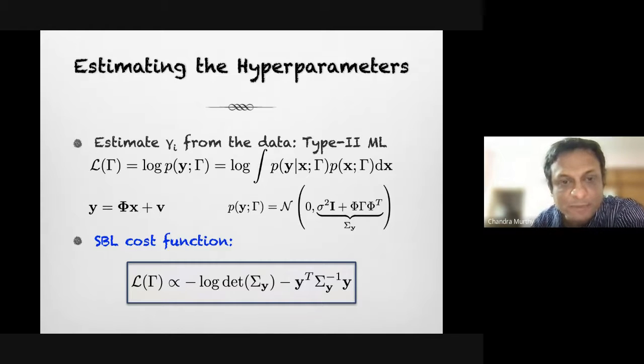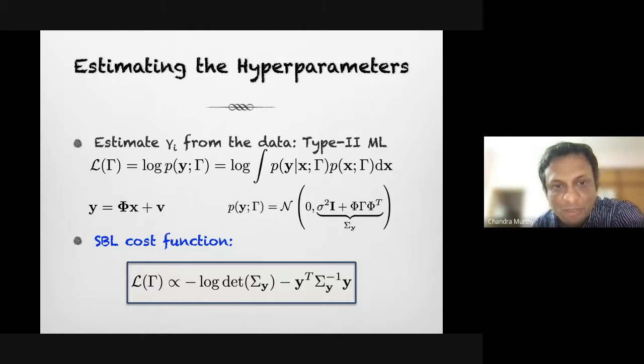Okay, so the distribution of y is Gaussian with mean phi times x and covariance sigma squared times the identity. But x is the parameter of the distribution of y, and x itself is Gaussian with mean 0 and covariance matrix capital gamma.